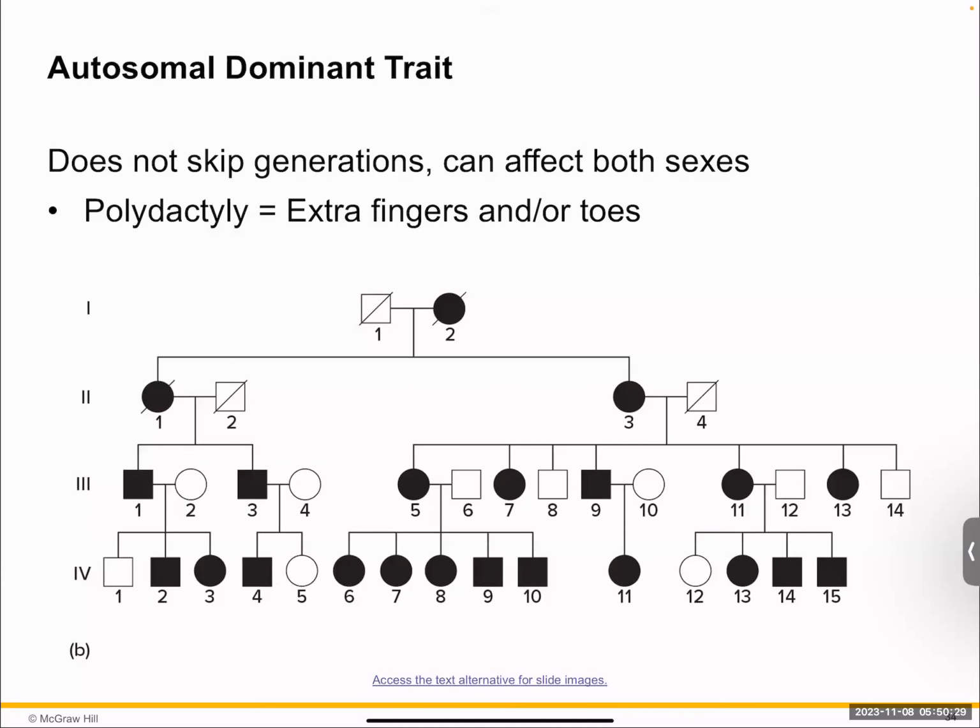Here is an example of a dominant trait being passed down through 4 generations, starting with the parental generation all the way to the 4th generation. This dominant trait is polydactyly, which basically means you have extra fingers or toes.